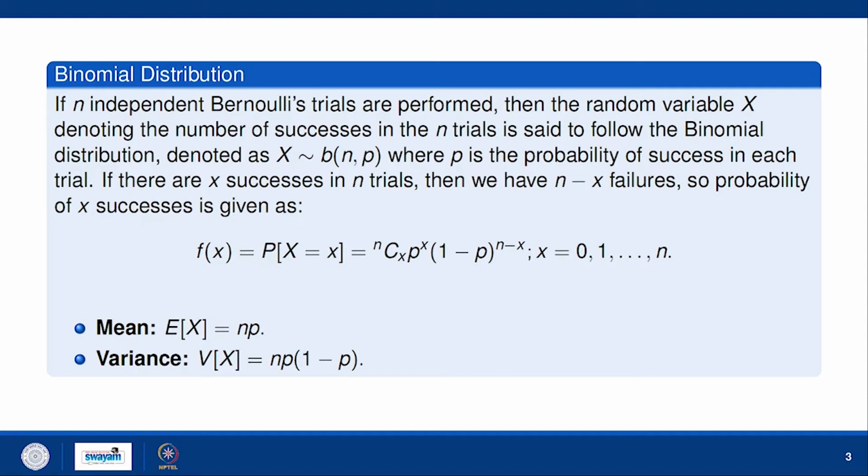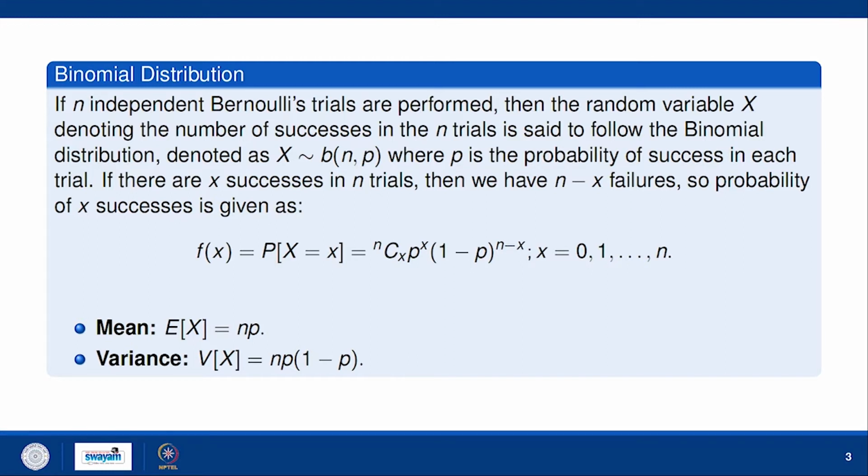Of course, x is varying from 0 to n. When x is 0, all are failures; when x equals 1, one success; x equals 2, two successes; and when x equals n, all are successes. So, this distribution is called the binomial distribution.